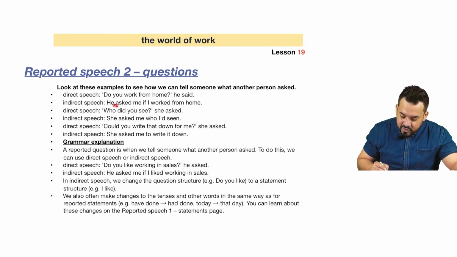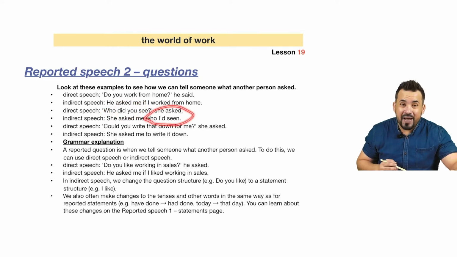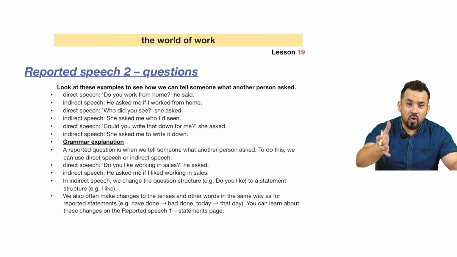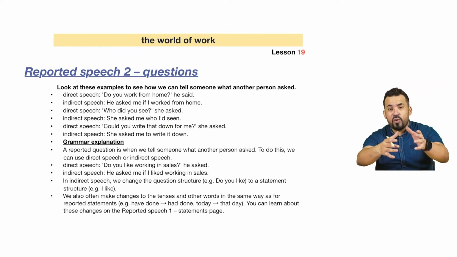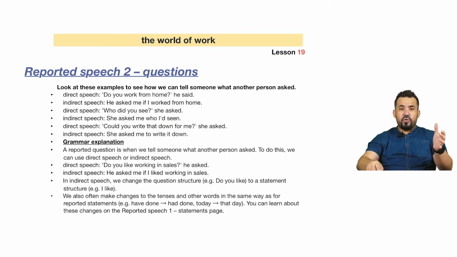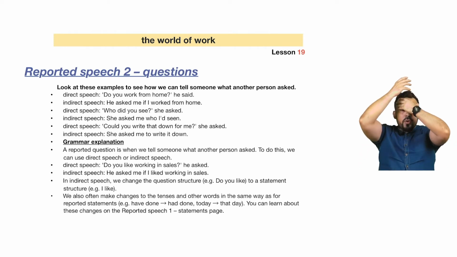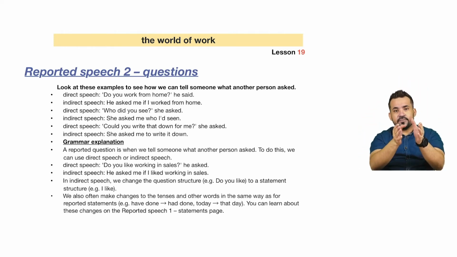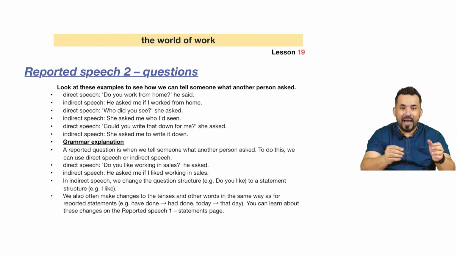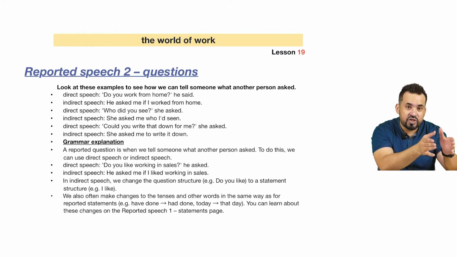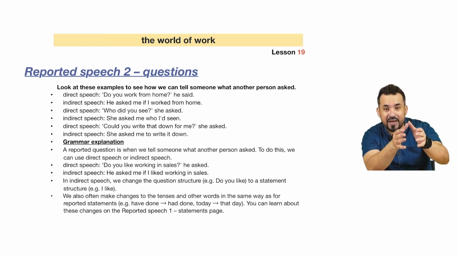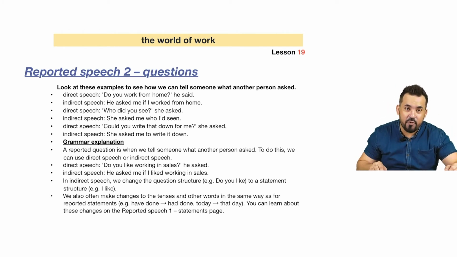Here, we started with the past simple, did you, and we changed it to the past perfect. So when we are doing indirect speech or reported speech, we take the tense one step back. If it's present, we change it to the past simple. If it's a past simple, we change it to the past perfect.